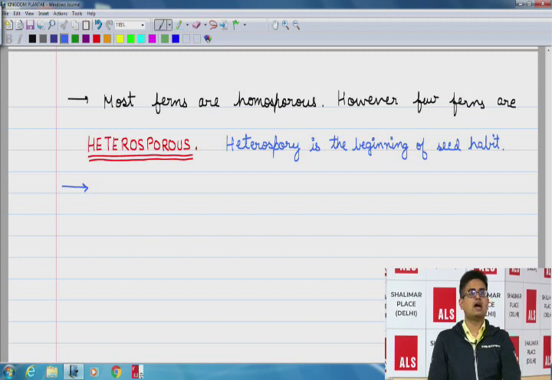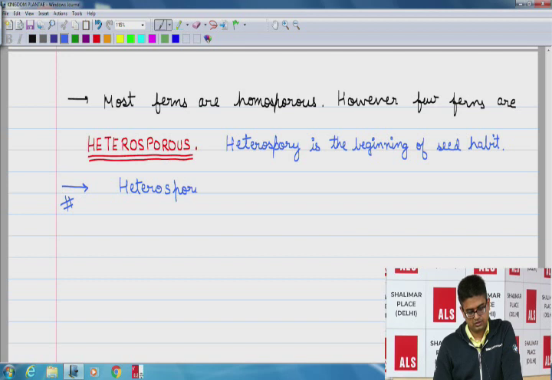Okay, and you should learn the names of heterosporous ferns, which are very important for your exams. Heterosporous ferns. Example: Selaginella.